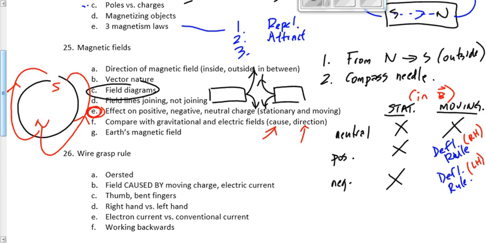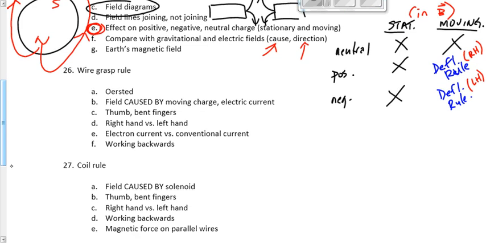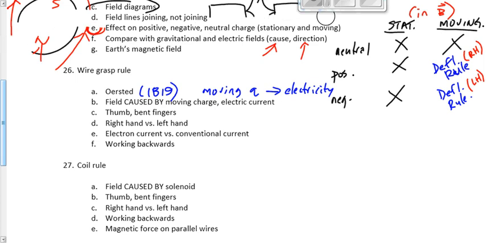Now we get into the hand rule stuff. And there's 3 hand rules that we learned about. This whole idea of Oersted's discovery in 1819 that moving charges generate electricity. Sorry, that's wrong.